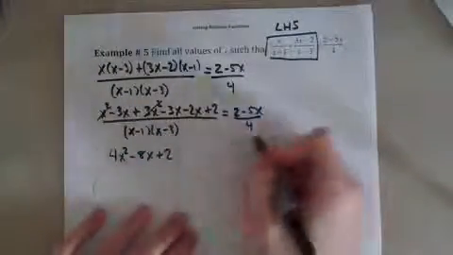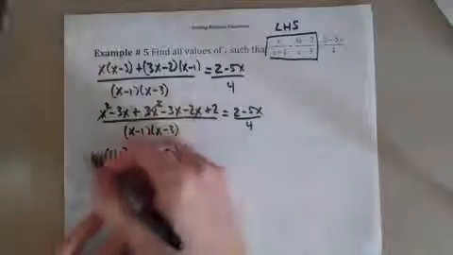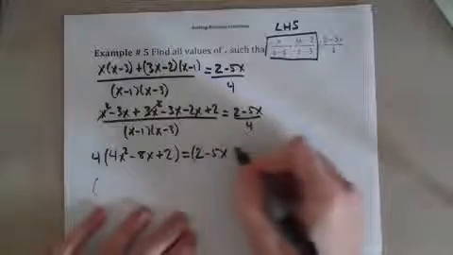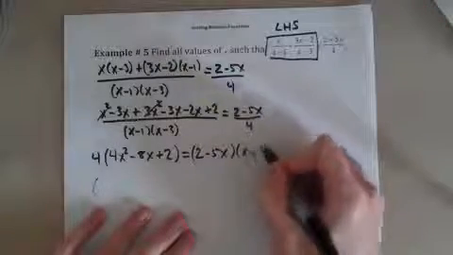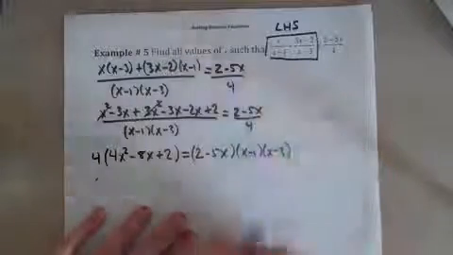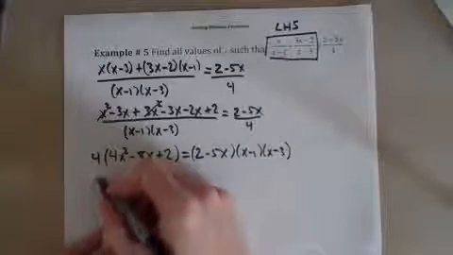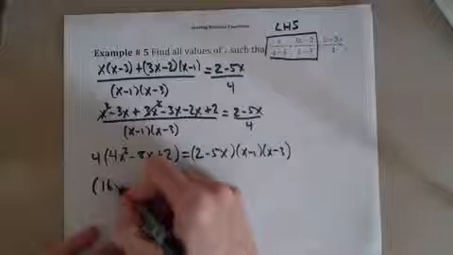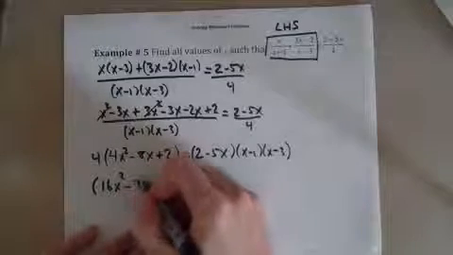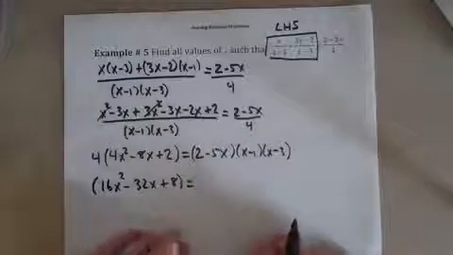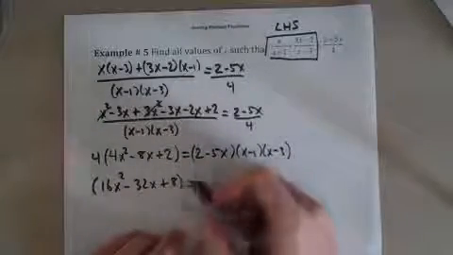Now at this point, I'm going to cross multiply as well. Now look at that, the denominators are gone. I'm going to expand this.